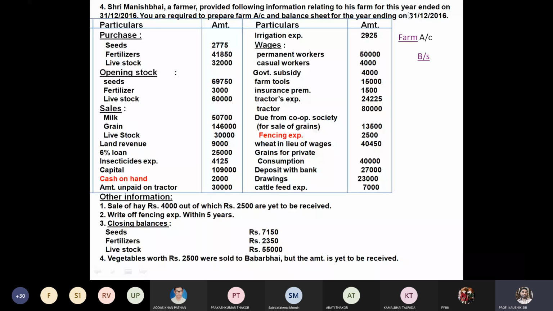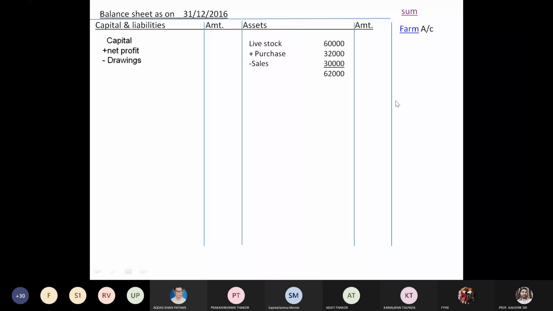At last, you can see in the third adjustment, livestock 55,000. This amount will be considered here. Go to the balance sheet. You can see 7,000 is the missing amount. It is the amount which is written off during the year regarding the livestock.